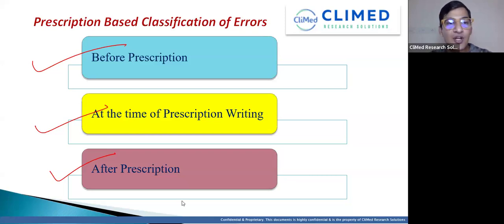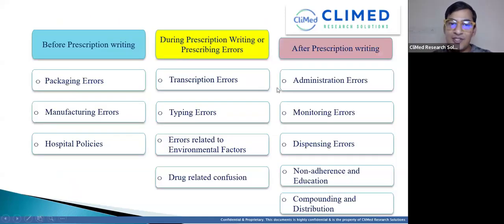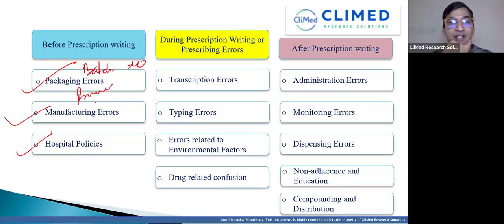So, guys, you did not reach exactly what the before-prescription errors are. Let me tell you. Before-prescription errors could be hospital-related errors, manufacturing errors, and packaging errors. You must have seen that the batch number is different, the printing is different, the expiry date is wrong. Some batches come out with half the information printed.